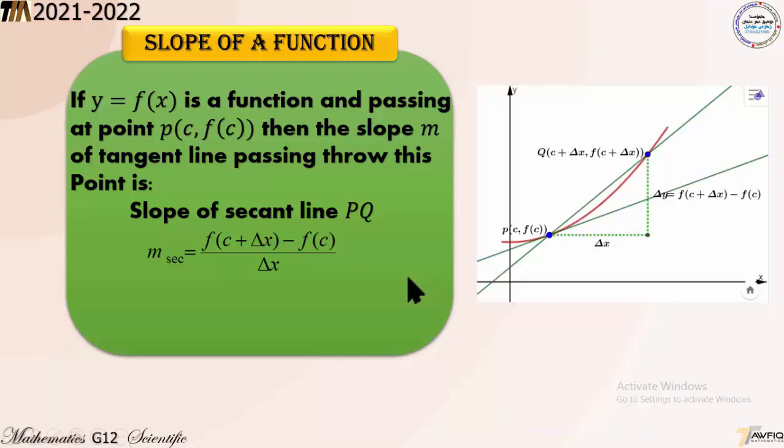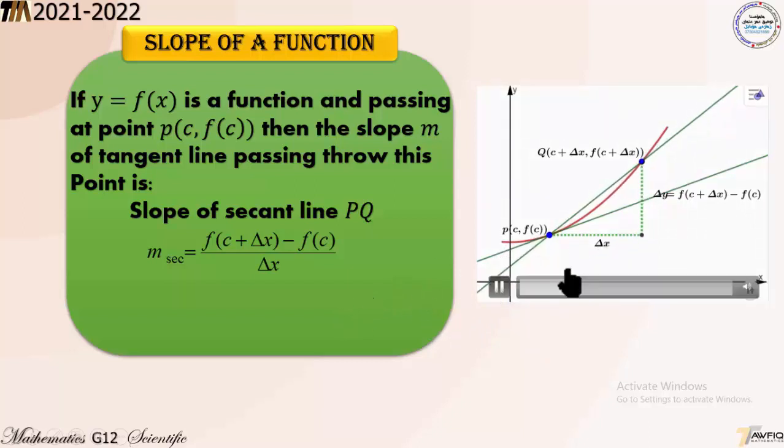And now if we move the point Q on the graph of the function and it becomes closer and closer to the point P, here we can see that delta x approaches zero.